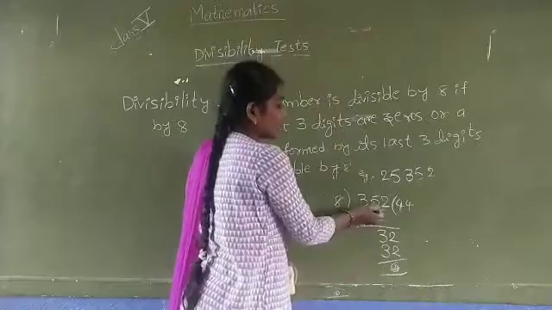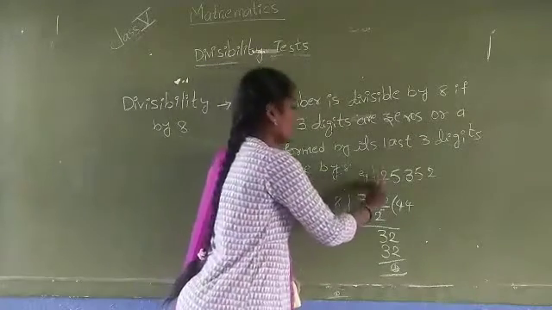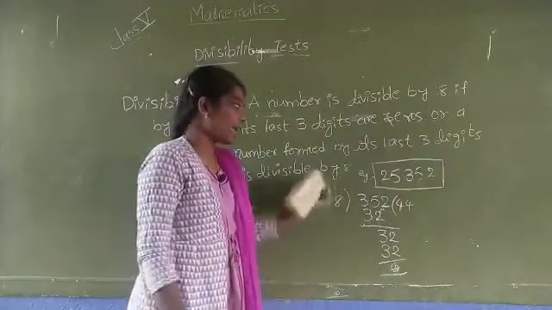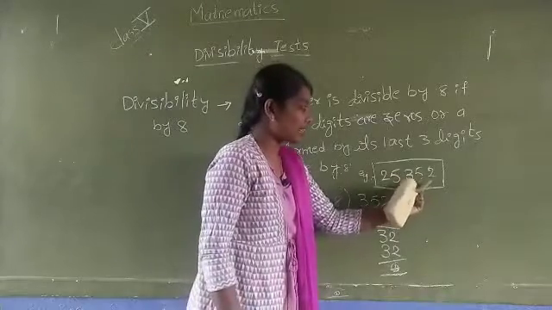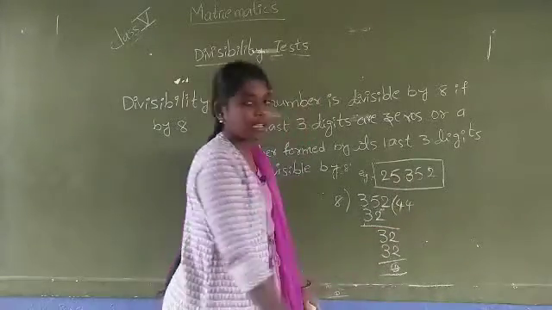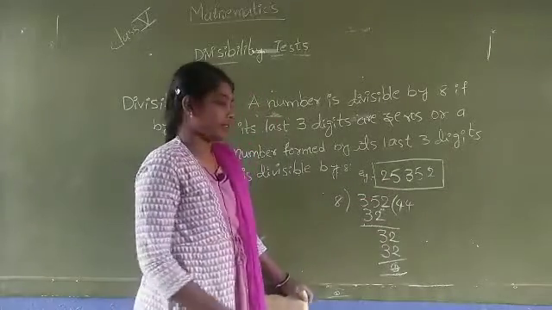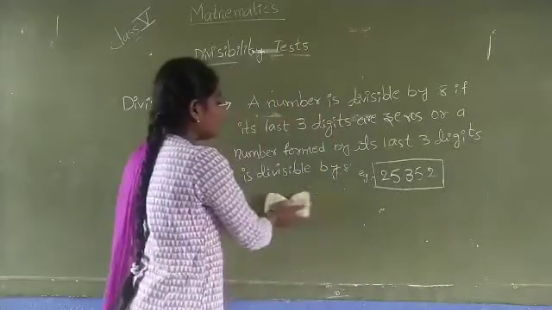So this 352 is divisible by 8. Then this whole number is also divisible by 8 because a number formed by its last 3 digits is divisible by 8. So this number is also divisible by 8.